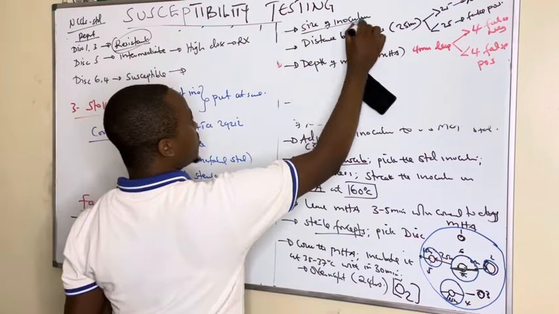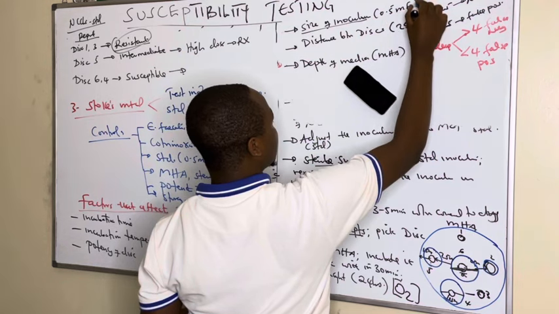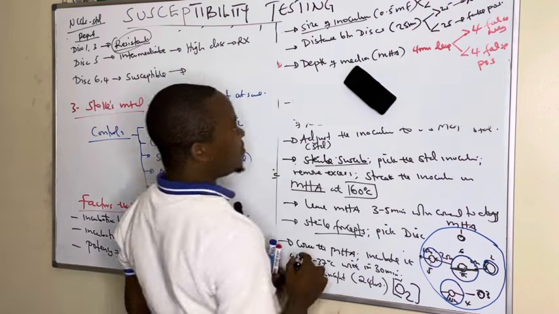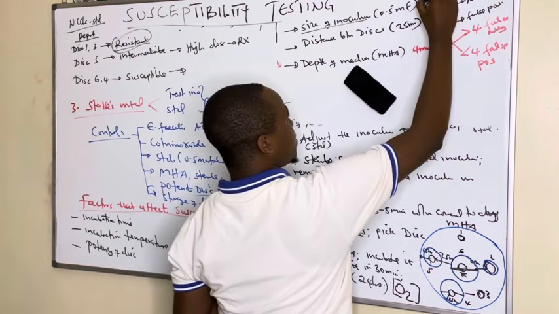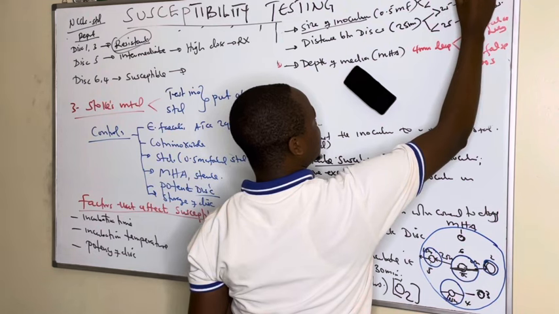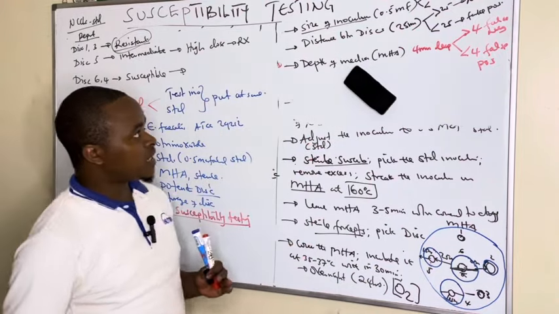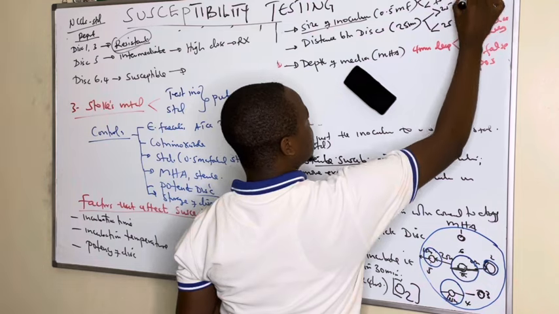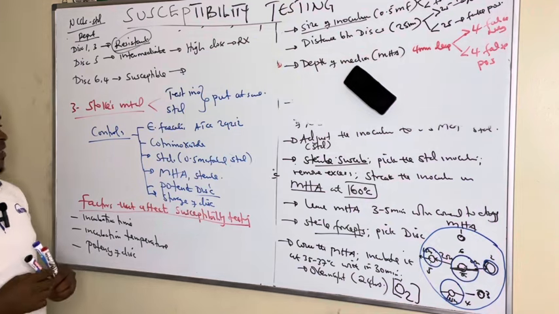Then the size of the inoculum, we said it should be matched with 0.5 McFarland standard. And in case it is greater and in case it is low, what happens? If the inoculum is greater, meaning the bacteria are many, it will lead to false resistance, and if it is less than 0.5 McFarland standard, it will lead to false sensitivity.